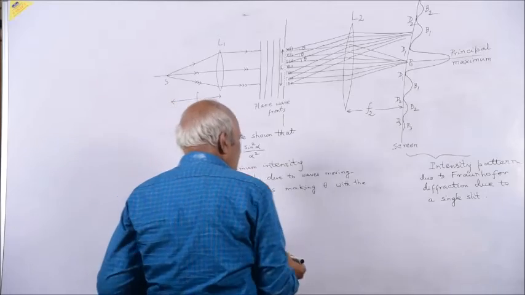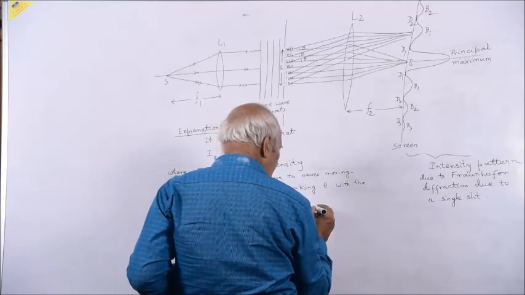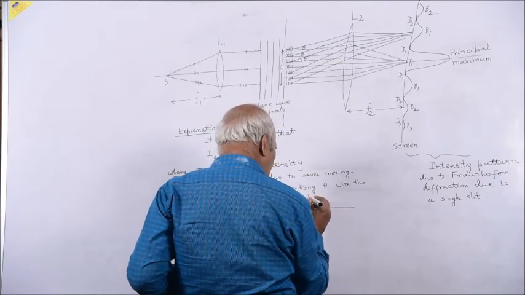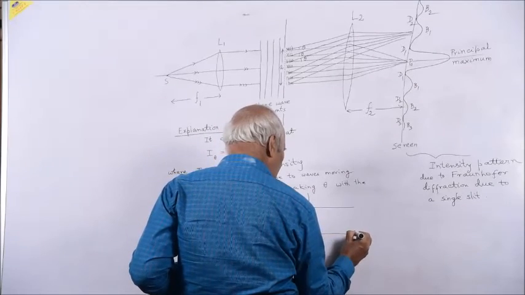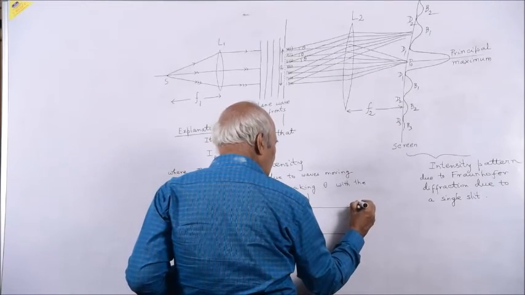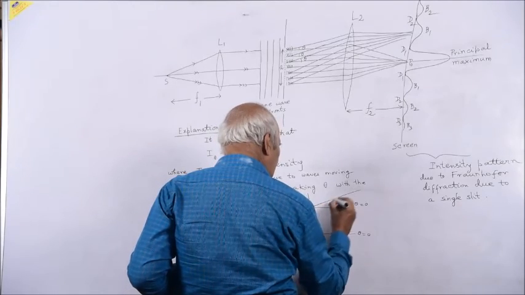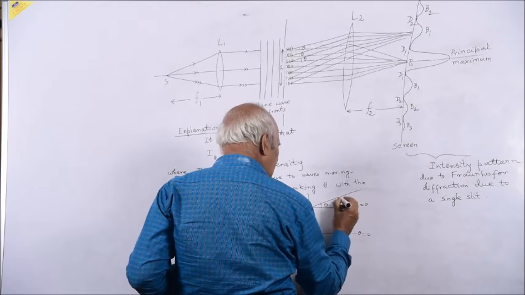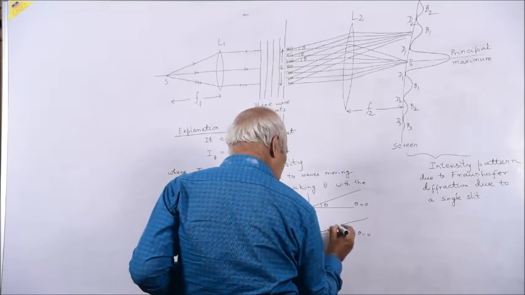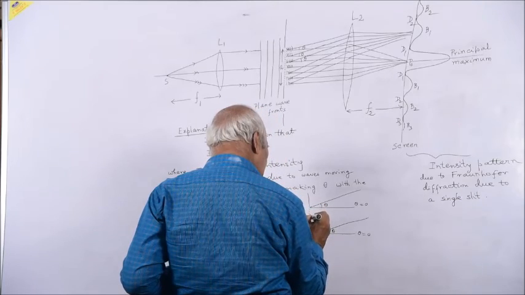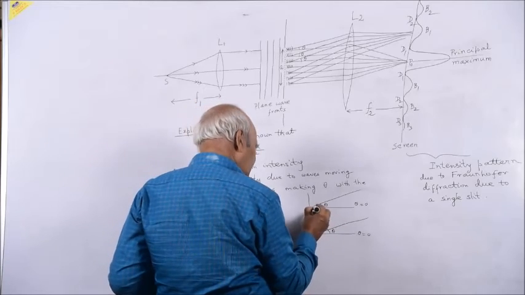To make an idea about alpha, you see the slit is there. This is for theta equal to 0 direction, and for some theta value the rays are like this. These are the points inside the single slit.